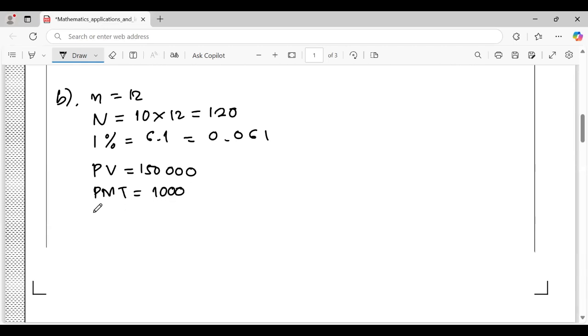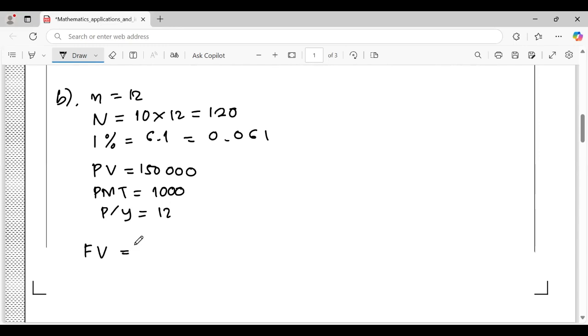And then after that, the time is 12. T is 10, but the N is 10 times 12, 10 years.